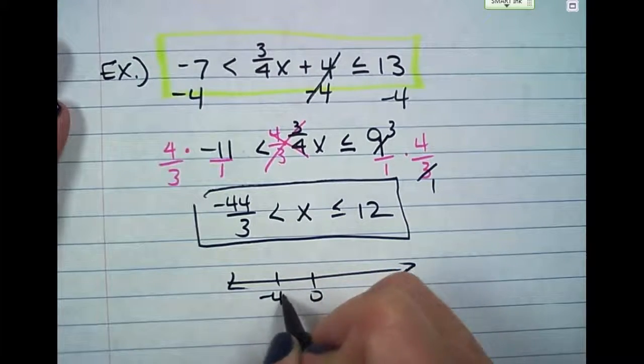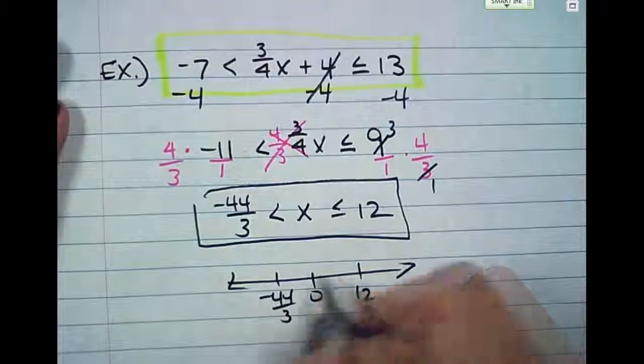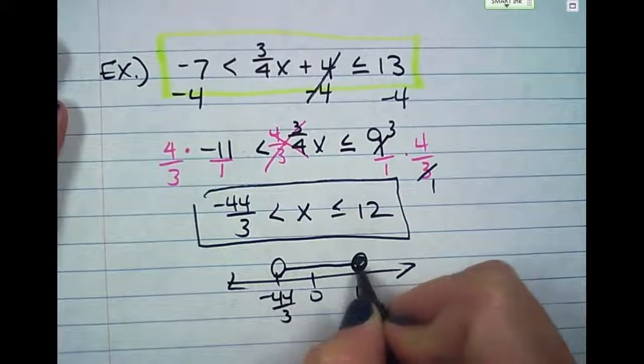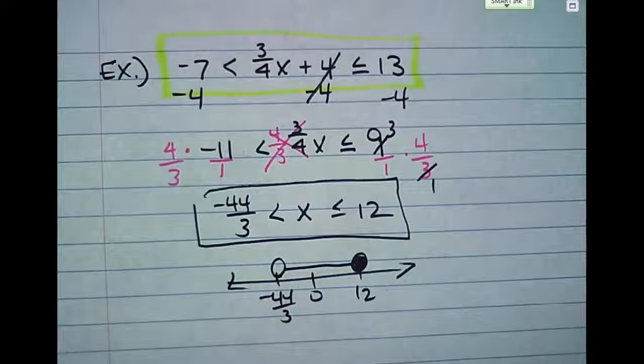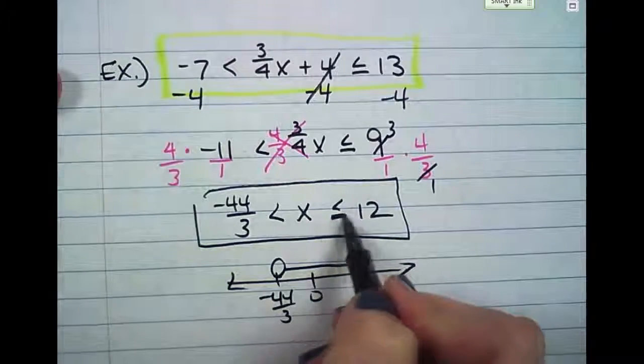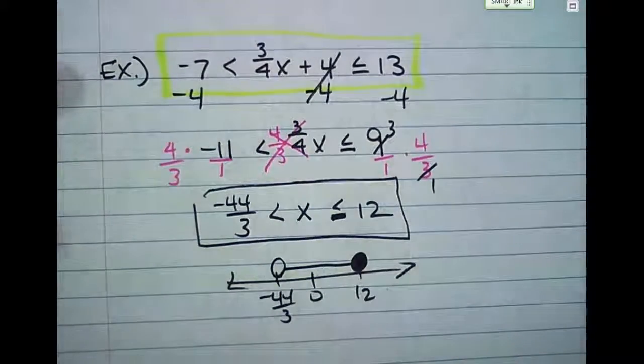It doesn't have to be to scale. What needs to be on top of 12 though? Excellent. A closed circle on top of 12. Why? Good, because of the equal sign. Because of this right here, this has to be closed.